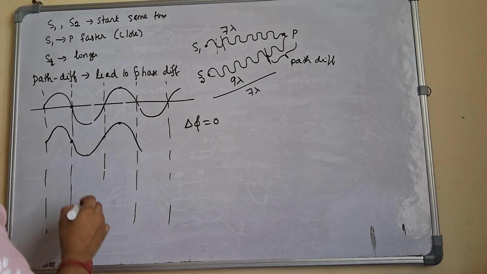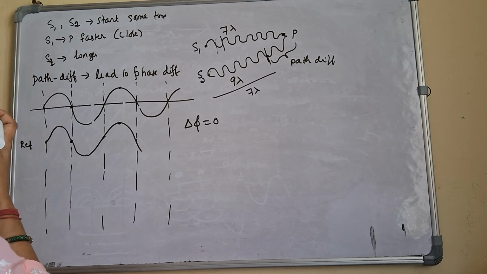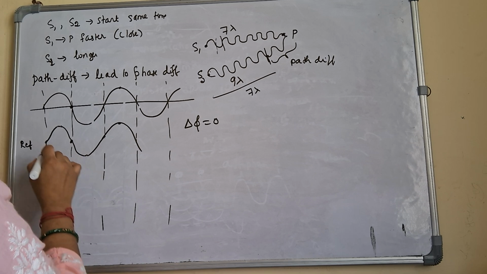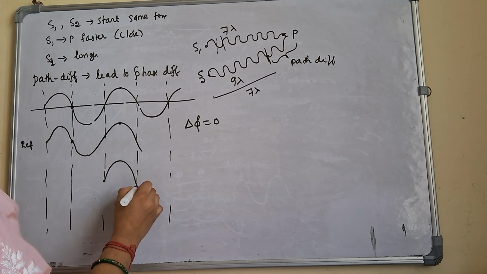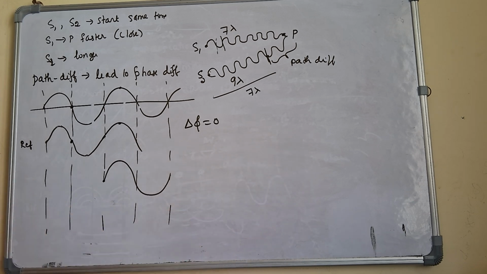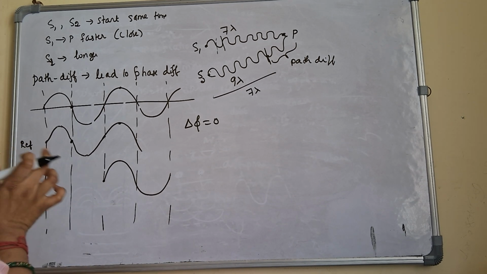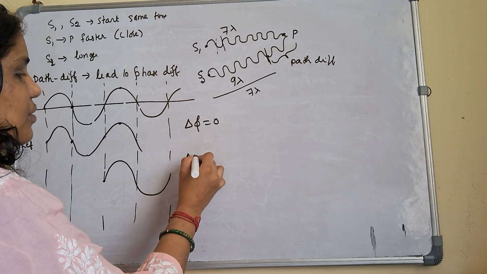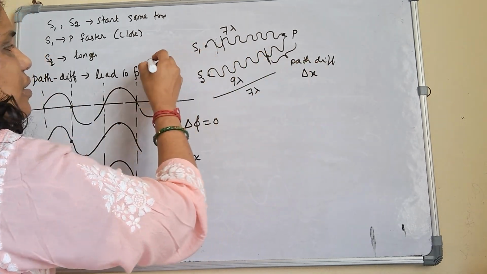Now let us consider a case wherein this is my reference wave. Now I will not start it here. The first wave has already started, and my second wave will start from this point, and it will continue. Now do you see there is a path difference here? What is the path difference? Path difference is written by delta x, so path difference is given by delta x or x.